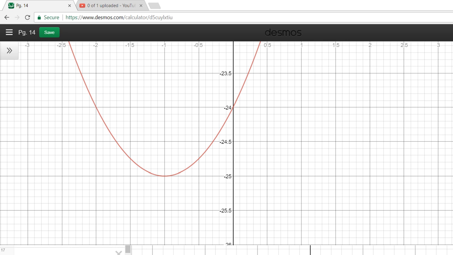We see that here, because at -1 we do have a horizontal tangent. I see that it's -25, but they want the actual point. They know my x point is -1, and they want to know where the y point would be algebraically. So let's find that algebraically.